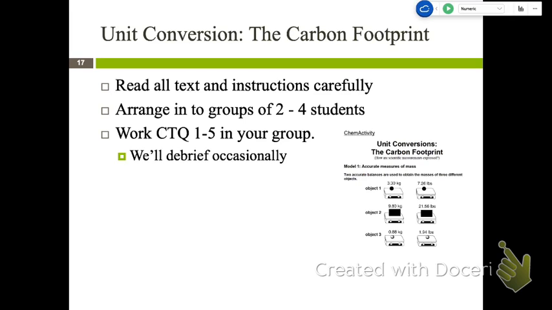Time is up here. Unless we just pick one object. It's just trying to make sure that you can read.